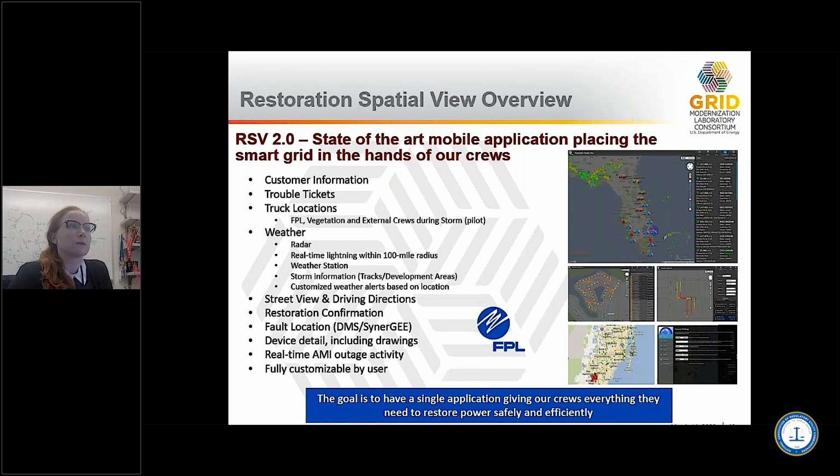So this means things like being able to view what's happening on an iPad or a mobile device in front of them, rather than pulling up paper maps or a large laptop and communicating back to the central point. So this essentially was a system they put together which has a direct connection to the smart metering system and can see real-time outage activity, and help with restoration confirmation of fault location.